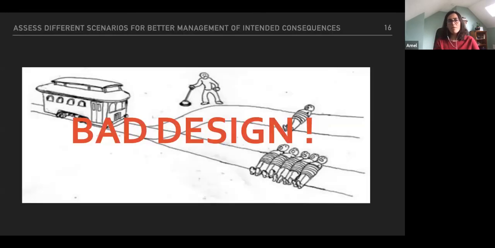And we really need to think very carefully about the design process of these tools, and also try to assess different scenarios to make sure we have very good management since the beginning, and a management of the unintended consequences to avoid having a bad design leading to potential harm in these communities.